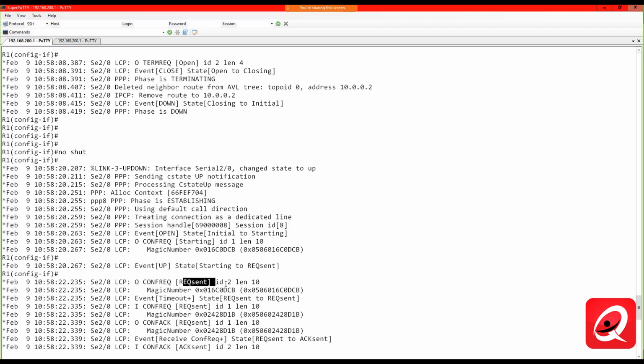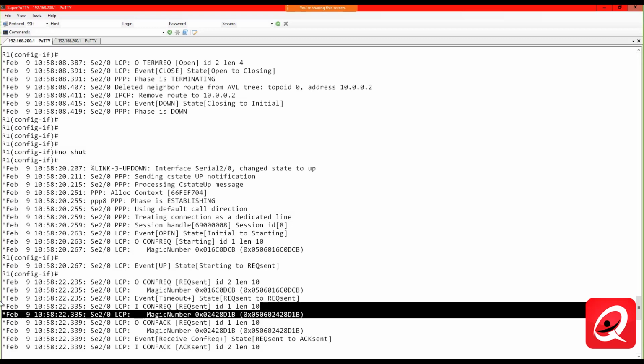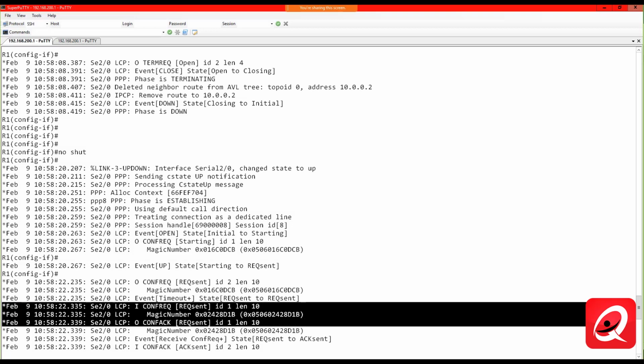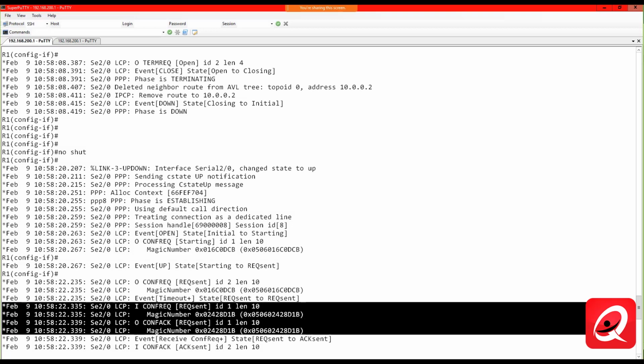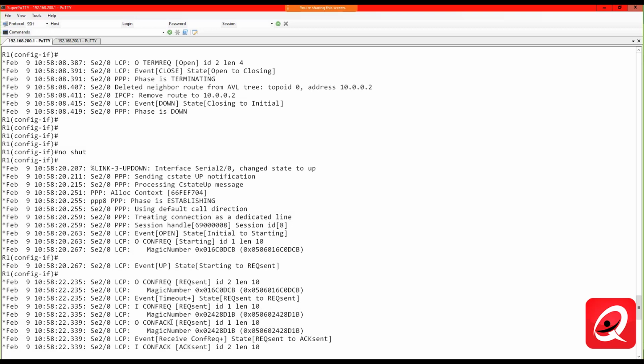I think this is a part of the interface coming up, right? We had a timeout, and so we sent another configuration request. So this is actually where we got the response from the other side. Right? You see the conf ACK indicating that we've acknowledged the configuration request to the other side.